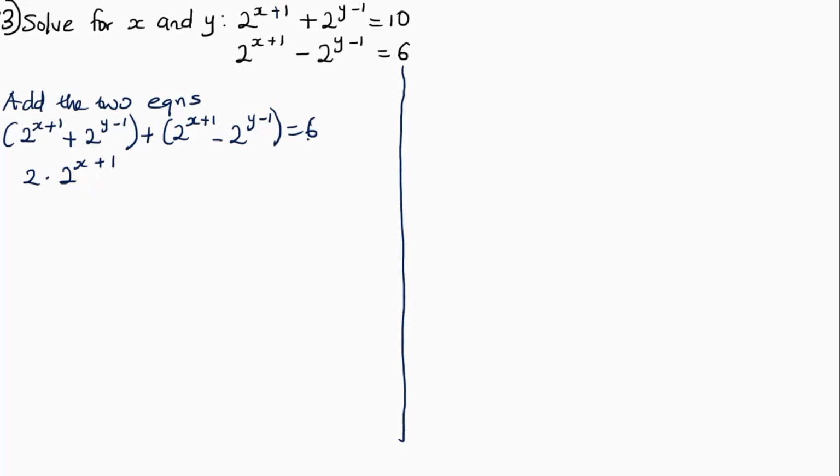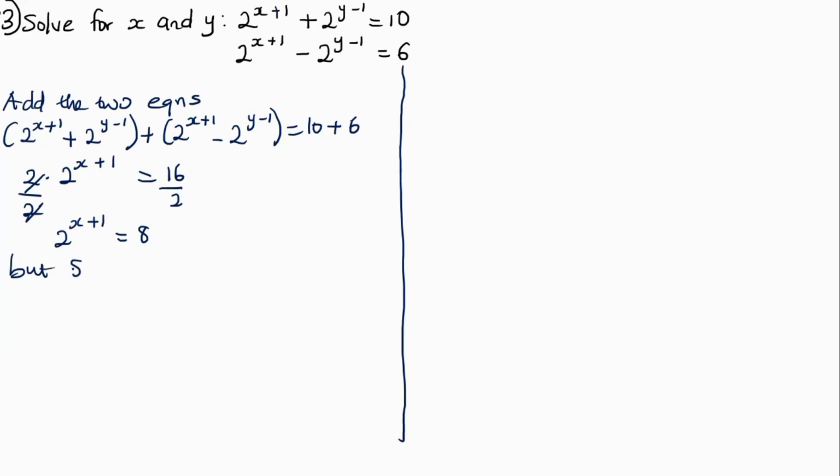And right here, we're going to have 10 plus 6, and this is equal to 16. Alright, so when we have this, we are going to divide both sides by 2, and if we do that, we have 2 raised to the power of x plus 1 is equal to 16 divided by 2, which is going to give us 8.